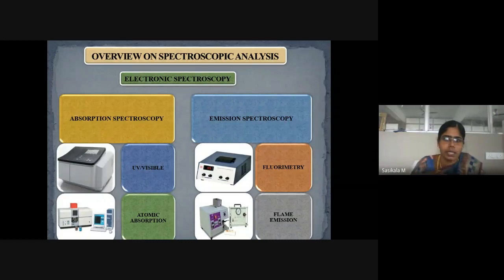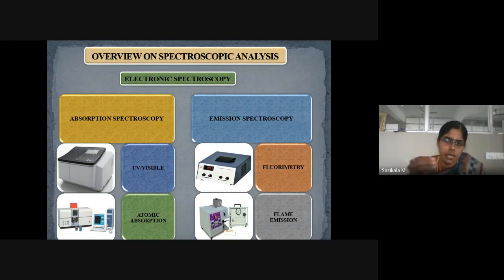Why we are calling some group of spectroscopic analysis as electronic spectroscopy means the detection or characterization of the molecule occurs at electronic level, electron level. Like valence electron level in the molecule or in the atom, it occurs at electron level. So it is called electronic spectroscopy.